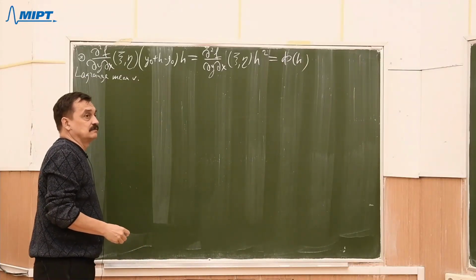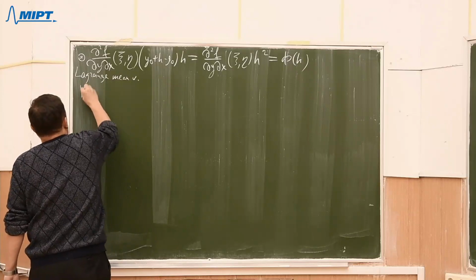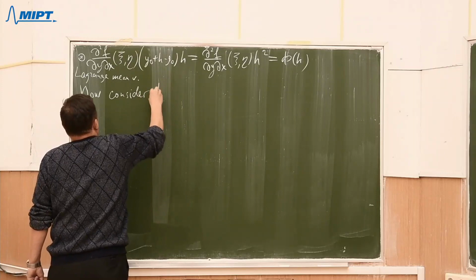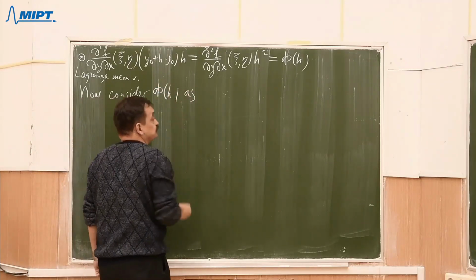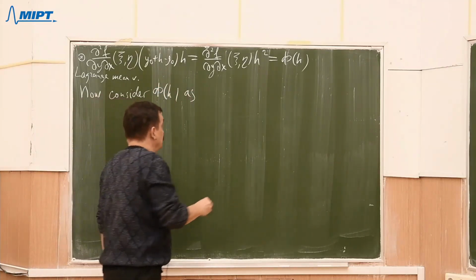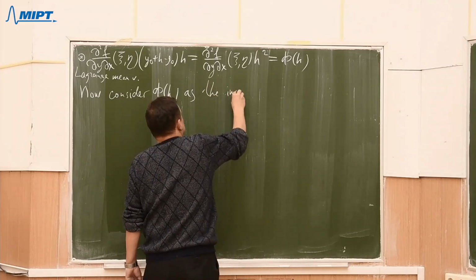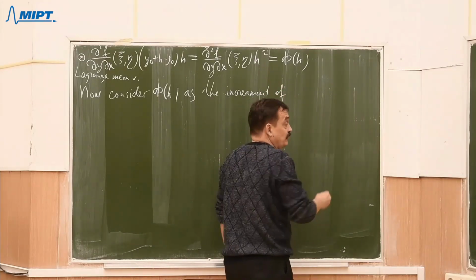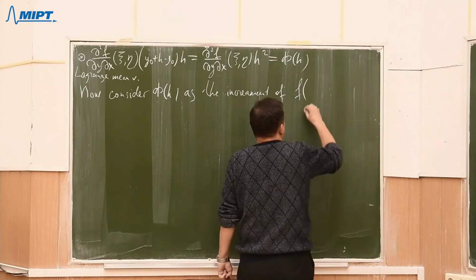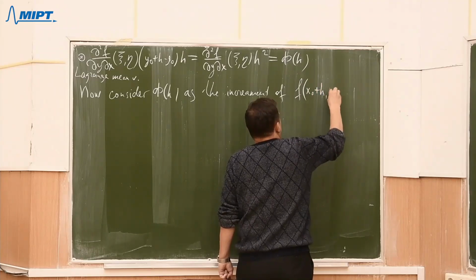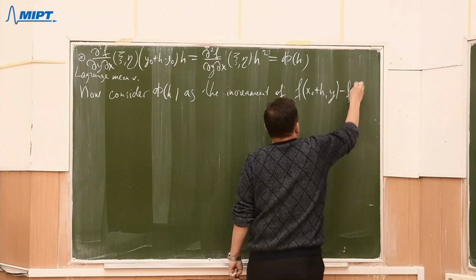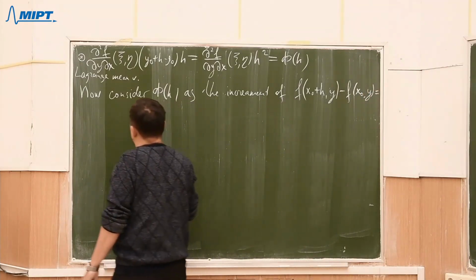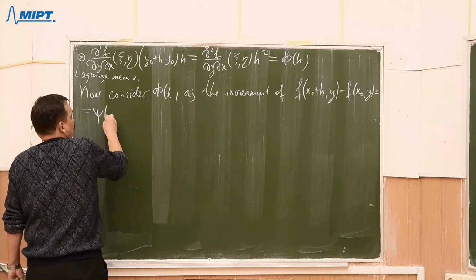Now consider phi of h as the increment of another function, f of x naught plus h, y minus f of x naught, y, which is, let it be now, psi of y.